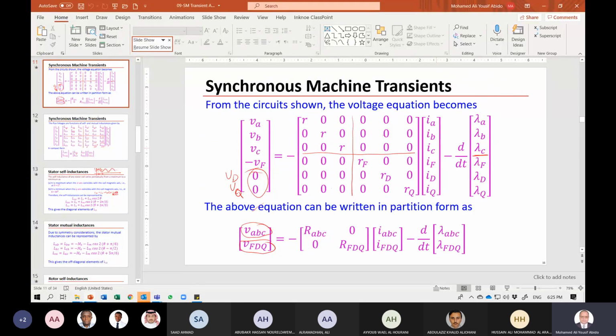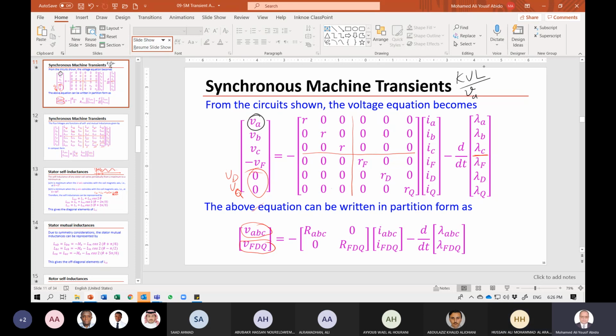If you look at this one, you have induced voltage here in phase A. If you apply KVL, VA, this is the induced voltage. This is not external voltage.